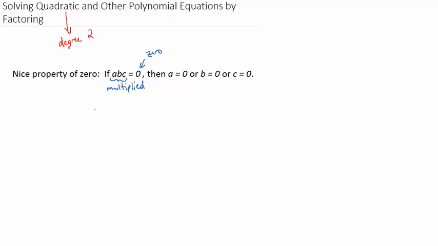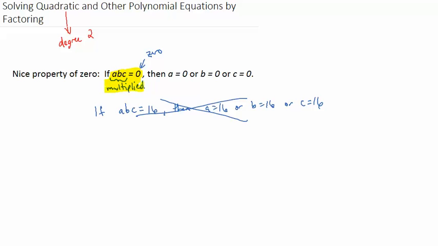For example, if a times b times c equals 16, that does not mean that a has to be 16, or b has to be 16, or c has to be 16. That is false. You have to have 0 for this to work. And if you have addition or subtraction or division mixed in, it doesn't work either. So it has to all be multiplication, and you have to have 0 on one side.